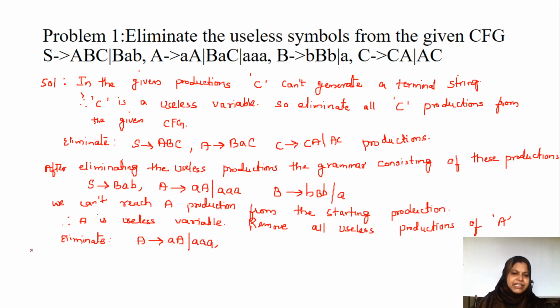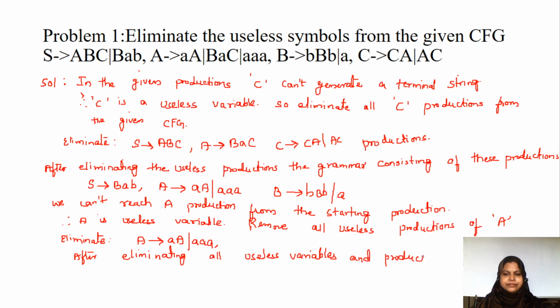So after eliminating all useless variables and productions, the given grammar consists of S tends to BAB and B tends to BB and A productions.